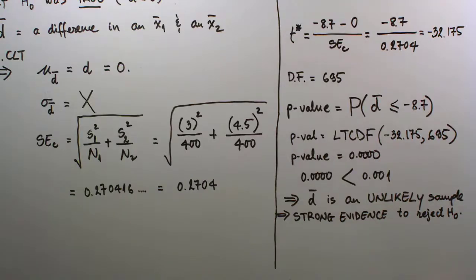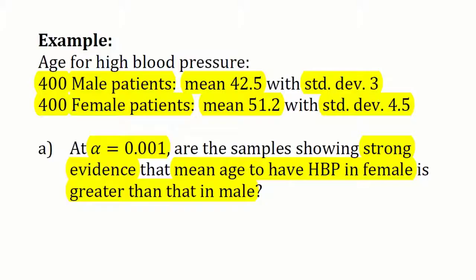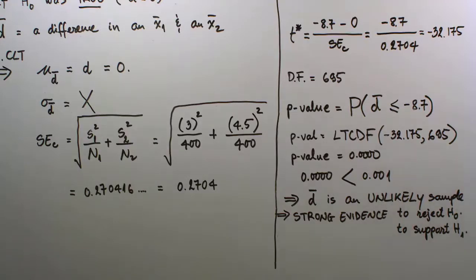Or in another way of saying, we have strong evidence to support h1. And now, ultimately, since the question is a yes or no question, are the samples showing strong evidence? We say yes if we have strong evidence, and we say no if we did not have strong evidence. And obviously, we had strong evidence here. So the ultimate answer to this question is yes, we have strong evidence.